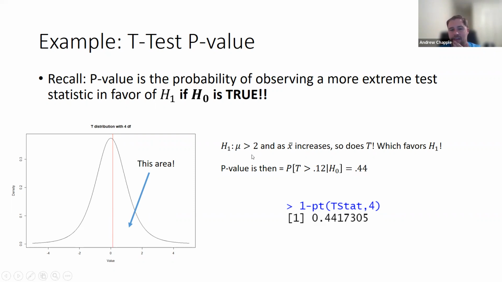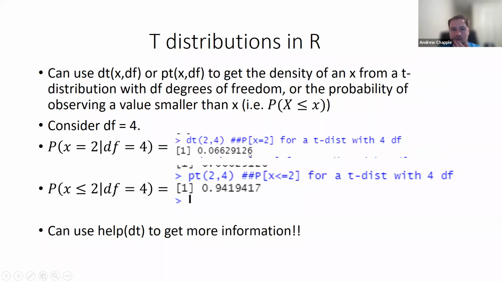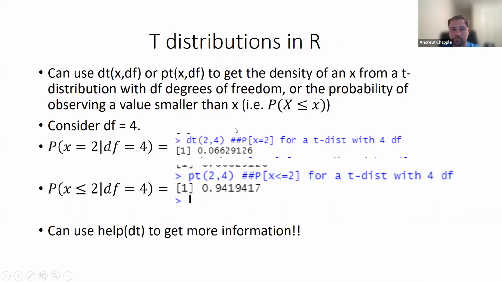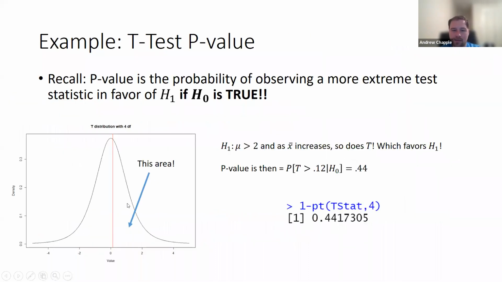As H1 is mu bigger than 2, and as X bar increases, so does T, which favors H1. You can see that here. As my X bar gets bigger and bigger past 2, my test statistic T is going to get bigger and bigger past 0. So I want to calculate this area right here, which I can do using this function here, 1 minus pt(t-stat) with 4 degrees of freedom.